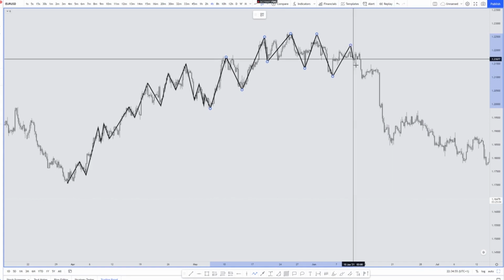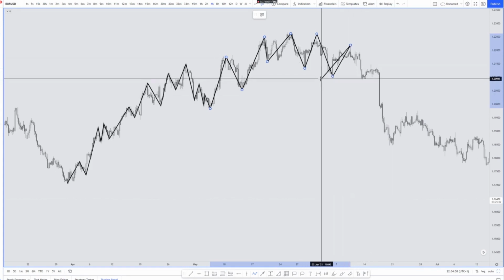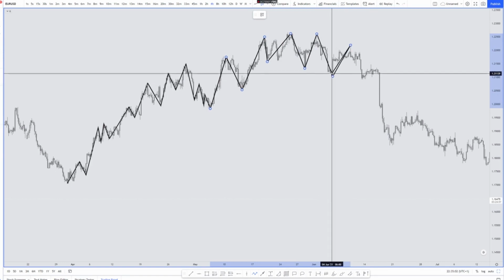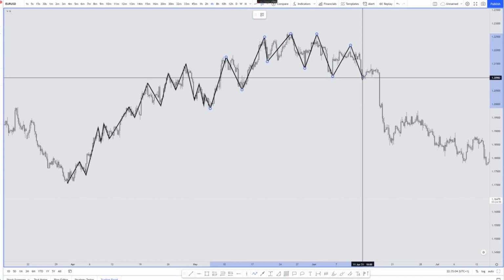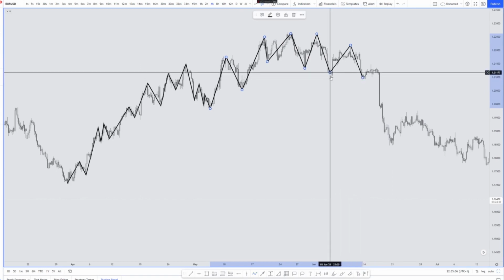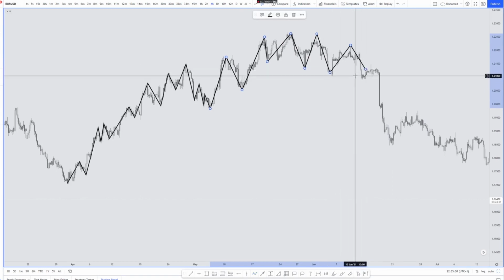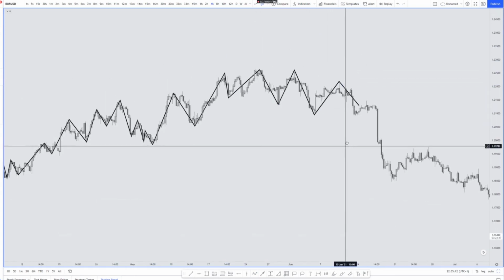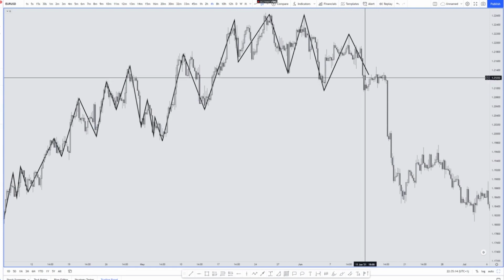Now if you look, I can't tell. I'm going to move this tip over, but I think this is a point of market structure. Yes, it is. Okay. So we do take that low.